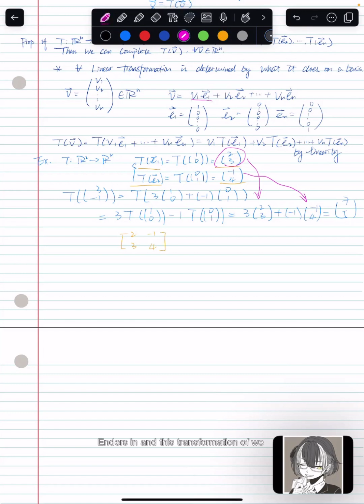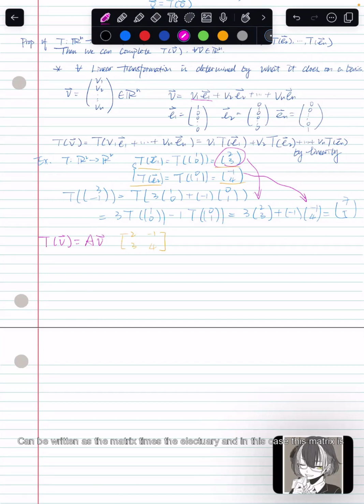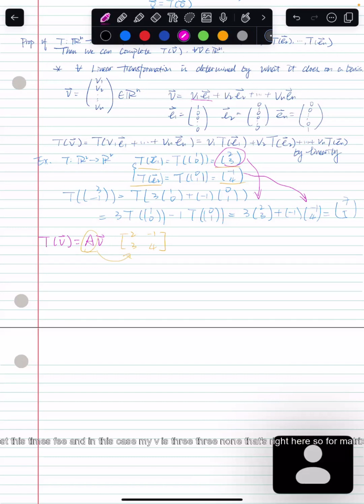And this transformation of V can be written as the matrix times the vector V. In this case, this matrix is the matrix right here. So we can test this times V. And in this case, my V is (3, -1), right here.